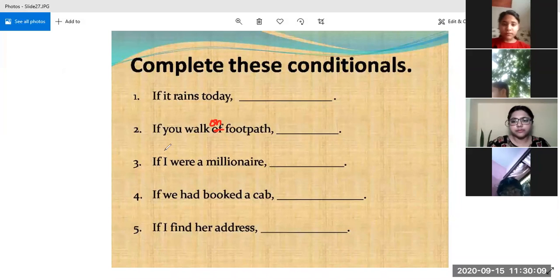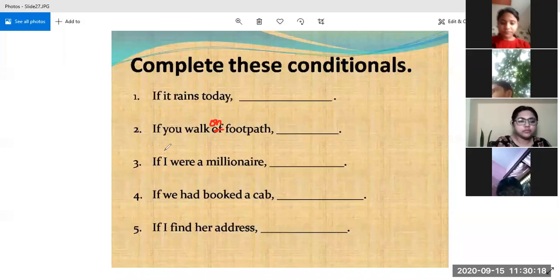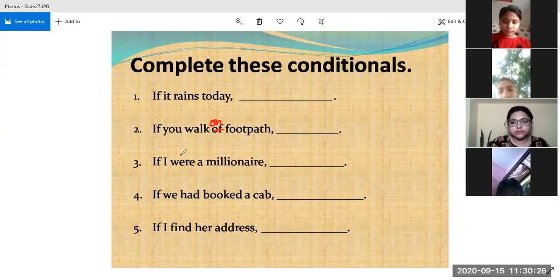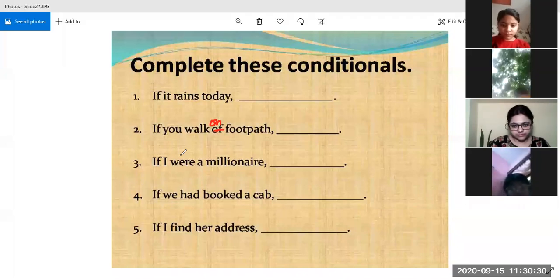Yes, Manjari. Ma'am, can I answer? Who is this? Ananya. Yes, okay, now you are here. You can answer. If I find her address, I will go to meet her. Very good.